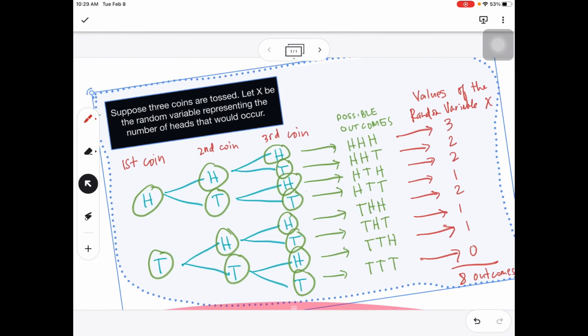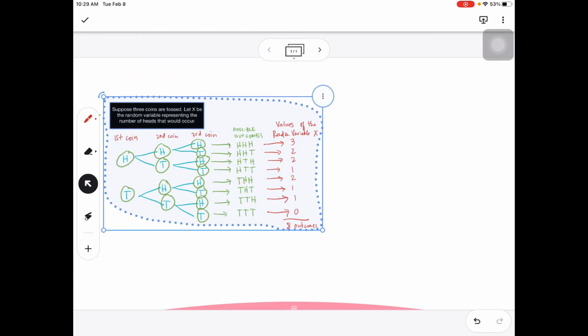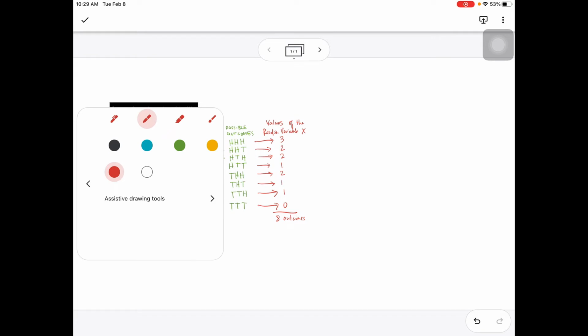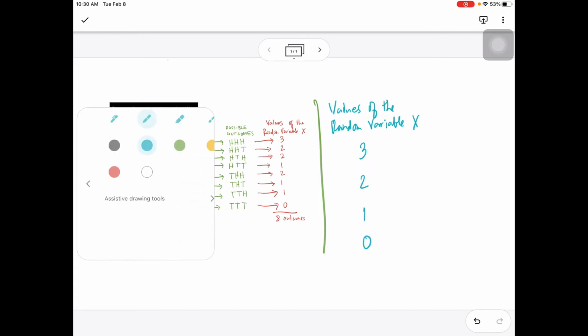Here, let's simplify the values of our random variable x. So we have here 3, 2, 1, and 0.